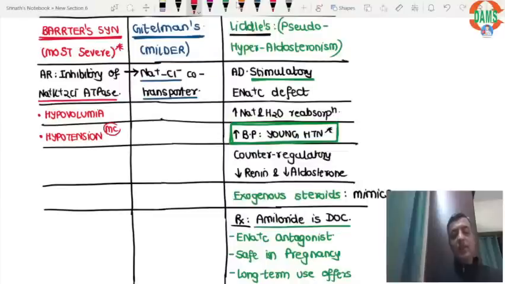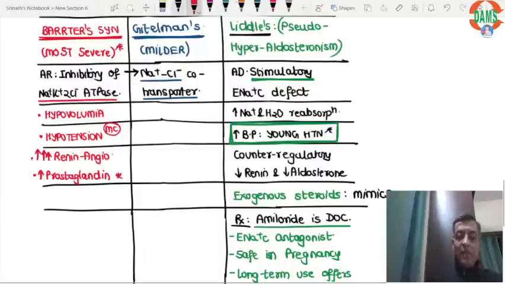That will cause a counter-regulatory rise in renin-angiotensin level. The significant rise is associated with elevated prostaglandin activity in patients with Bartter's syndrome.